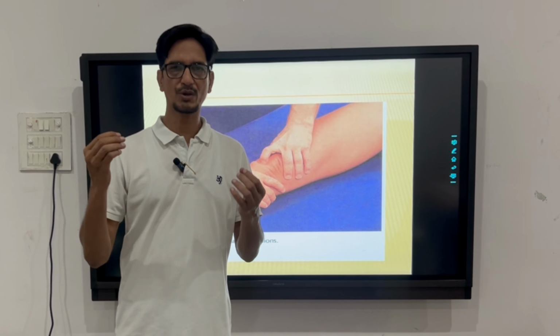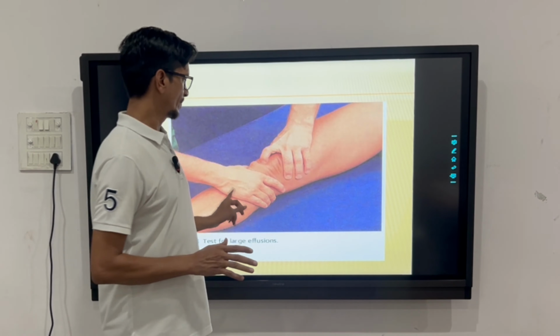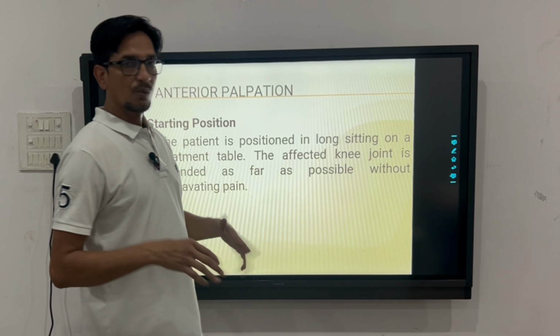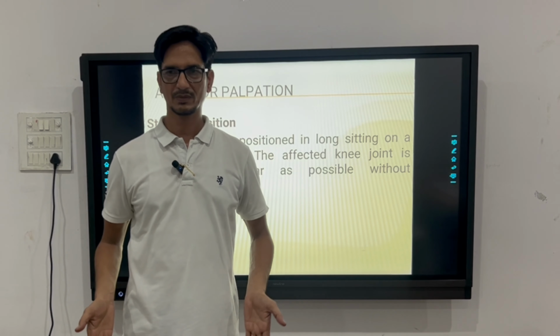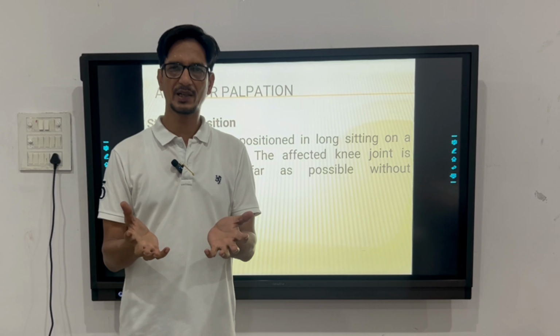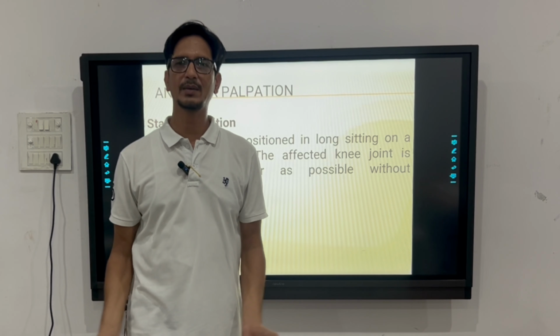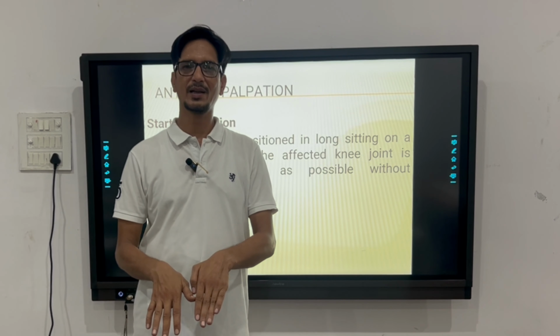Lateral also, posterior remains extremely tight. So what will happen? Basically, जब आपका तीनों एस्पेक्ट टाइट हो जाता है तो ऑटोमेटिकली इन केस ऑफ जॉइंट एफ्यूजन जो फ्लूइड होता है, that all comes to the anterior side, आपके नी के एंटीरियर साइड में आ जाता है.